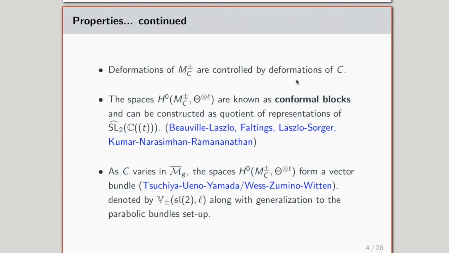I'm just going to ignore the moduli, and try to see if that algebra of functions extends. And what is known from the theory of conformal blocks is that you can continue these deformations to actually a vector bundle on the whole moduli space of curves. Okay, so those are some of the things.